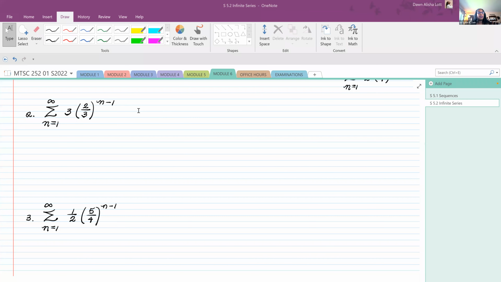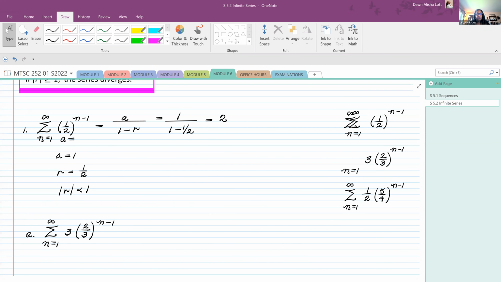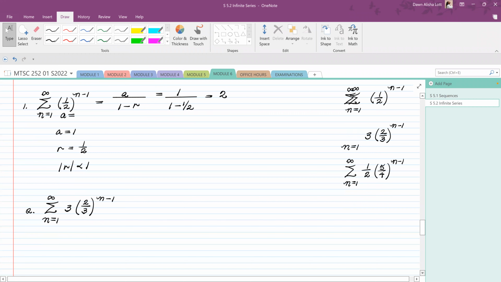Does the first one converge? And if so, to what? What is R? What is A? A is what? Would A be 3?